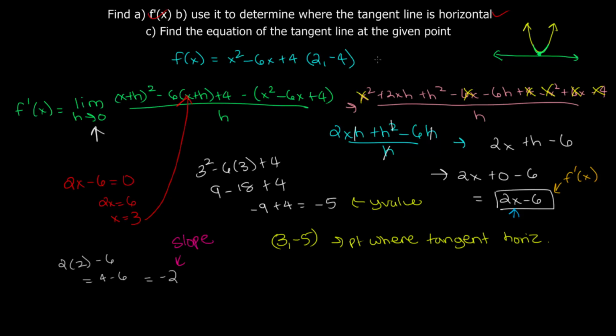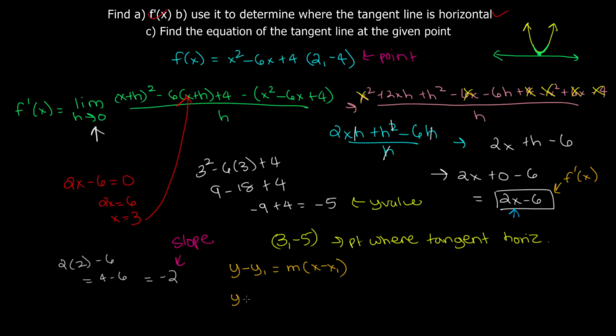So we have a point and we have a slope, which means we can plug it into point slope form to figure out the exact equation of the line that is tangent to this point. So the formula once again for point slope form is y minus y1 is equal to m times x minus x1.